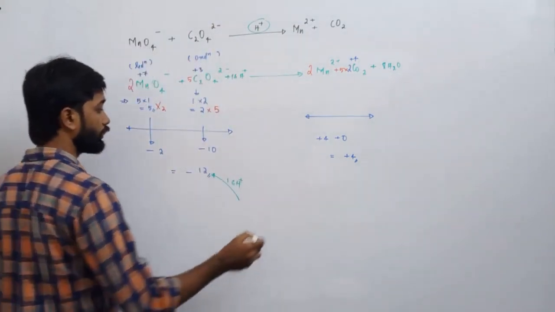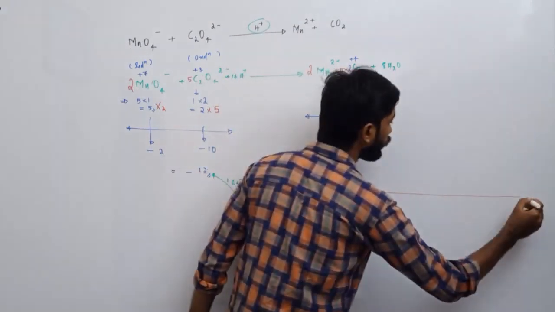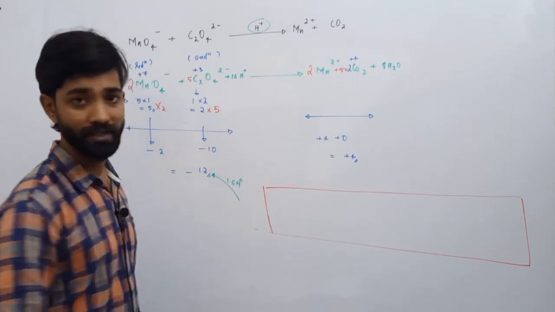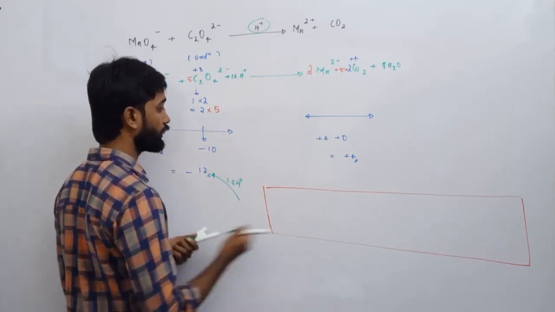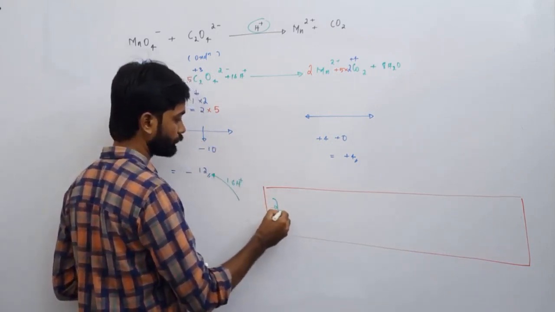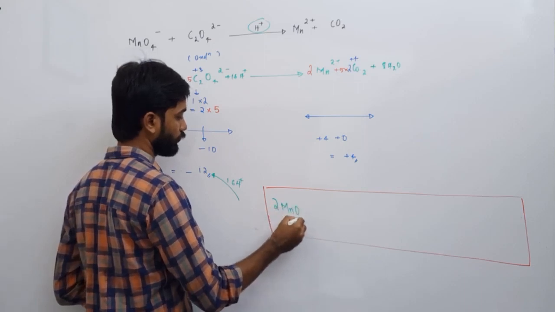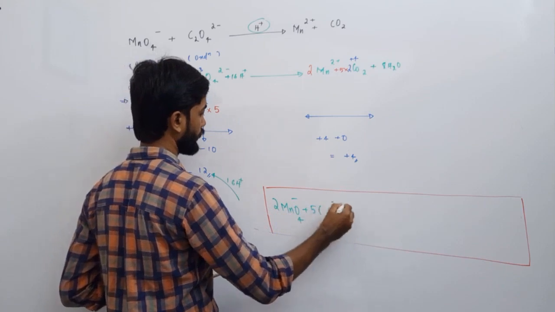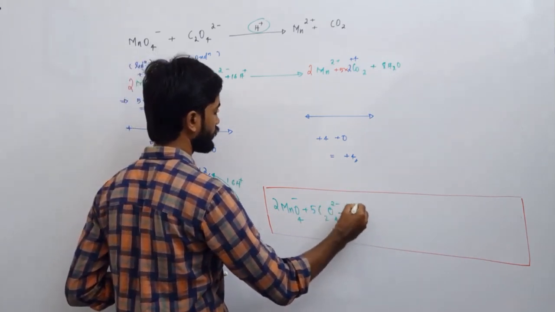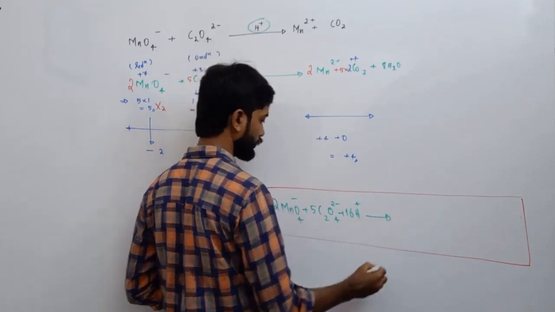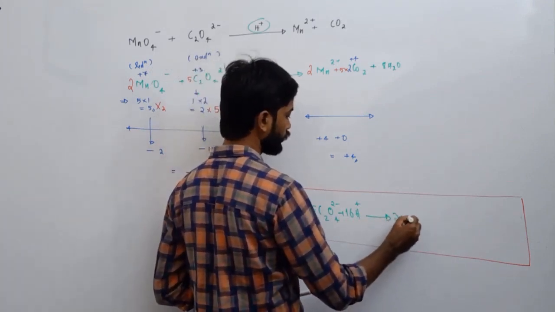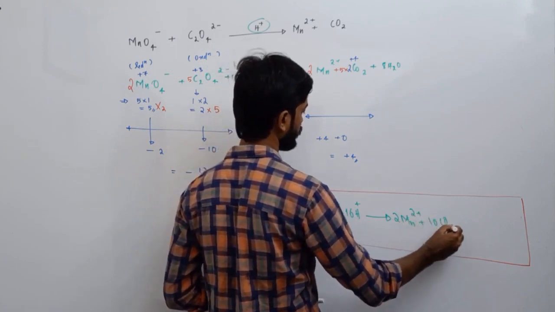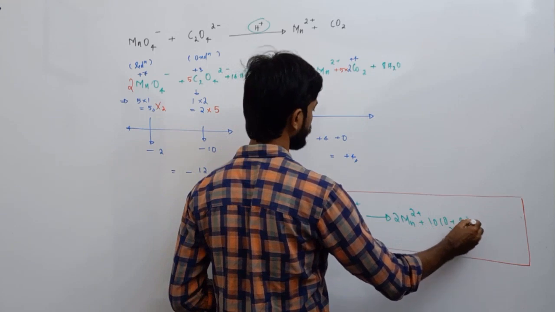And this reaction is somewhat important, and usually the coefficients are asked in examinations. So simply learn the coefficients by heart, okay? That is 2MnO4 minus plus 5C2O4 2 minus plus 16H plus gives 2Mn2 plus plus 10CO2 plus 8H2O.